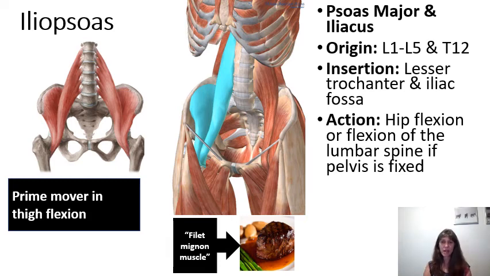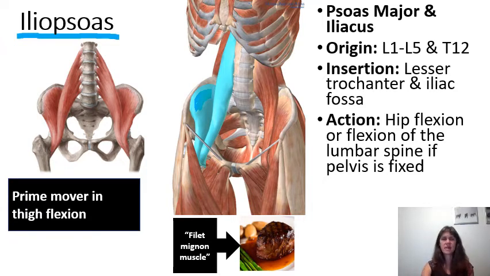This takes us to a muscle group that is collectively known as Iliopsoas. Iliopsoas is a muscle group that includes the psoas major muscle and iliacus. Iliacus originates in the iliac fossa of the ilium and inserts on the lesser trochanter of the femur.